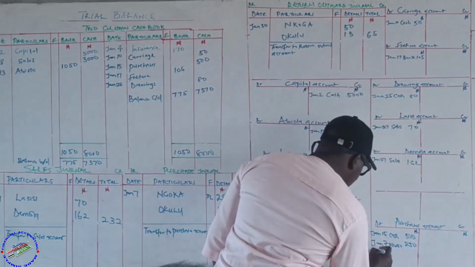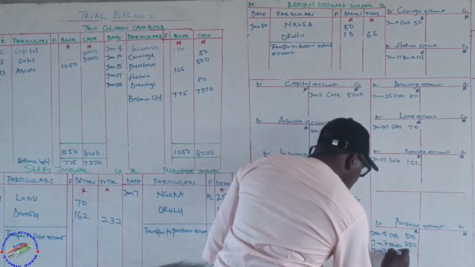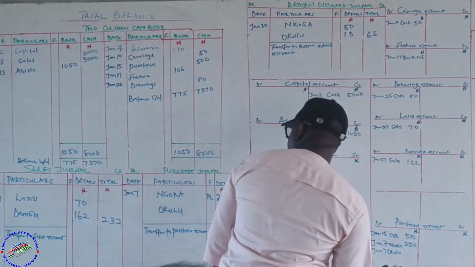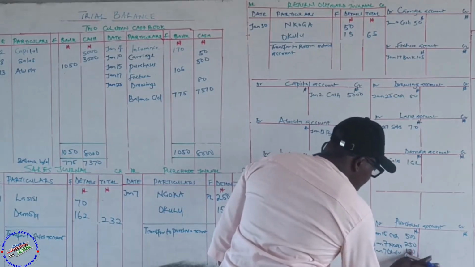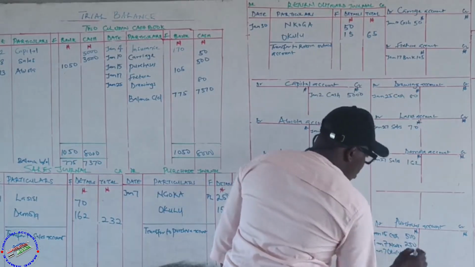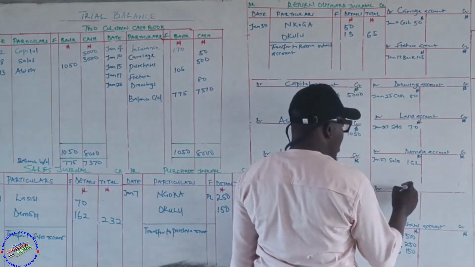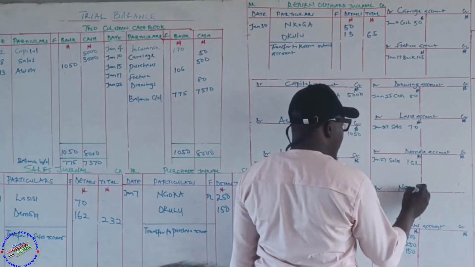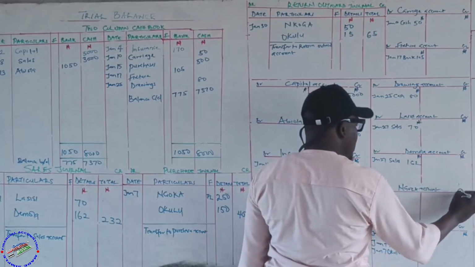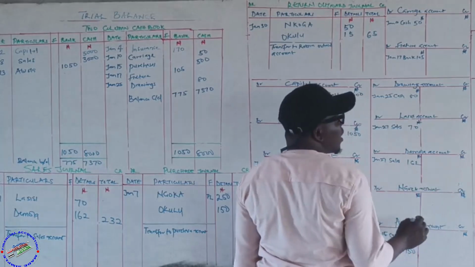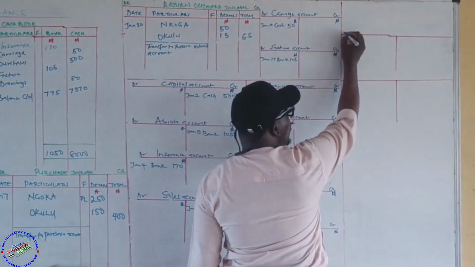And I have the same January 7, Okulu, 150. So I'm going to open an account for Ngoka. Ngoka account. And also I'm going to prepare an account for Okulu.